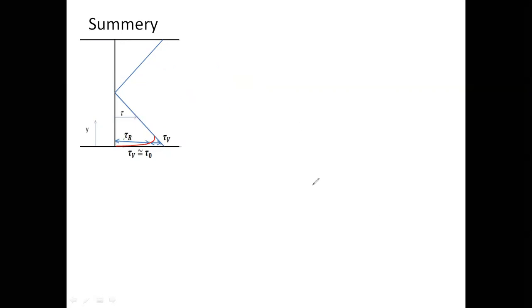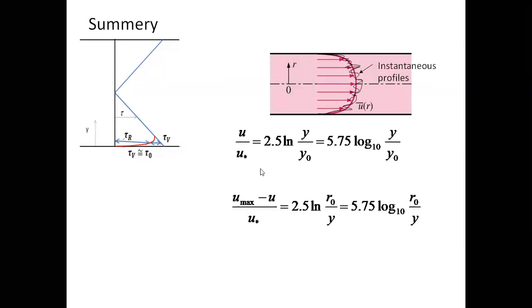Then later we showed that the velocity profile of turbulent flow has a log variation. Then we derived this equation. We can find the velocity at any given point using this equation.